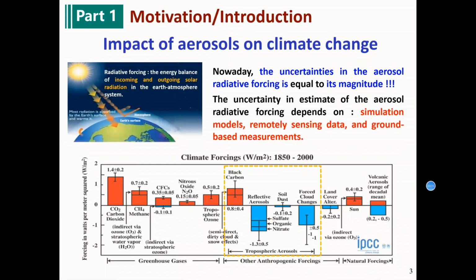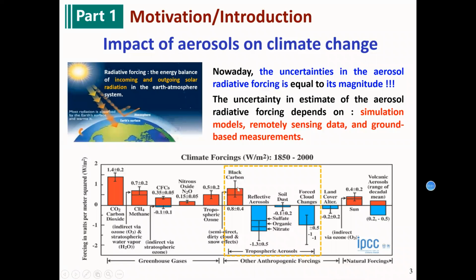For the motivation and introduction, nowadays, the impact of aerosols on climate change has drawn the attention of all society. The radiative forcing is used to evaluate this impact, but the uncertainty in the aerosol radiative forcing is very large, equal to its magnitude, as shown in this figure from the IPCC.